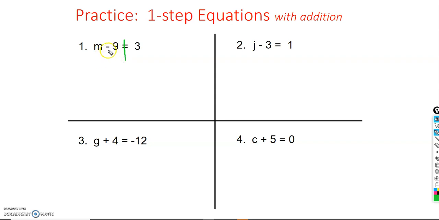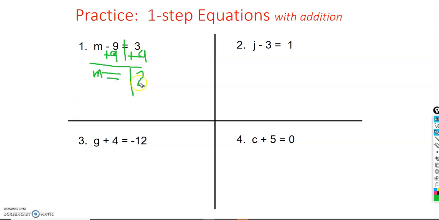So what's the opposite of minus 9? Well, it's going to be plus 9, right? What I did on this side, I'm going to do on this side. Plus 9. So, negative 9, positive 9, eliminate one another. M equals 12.